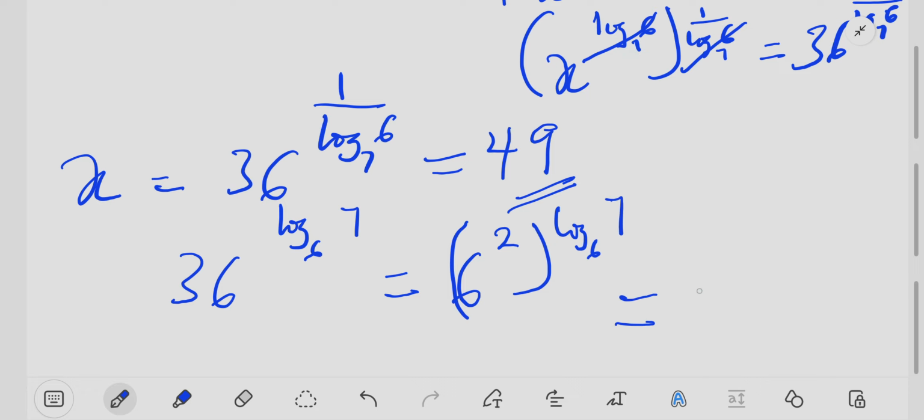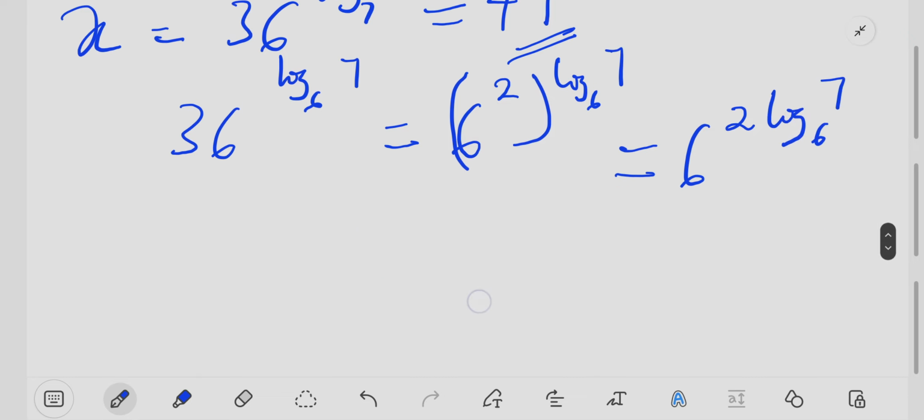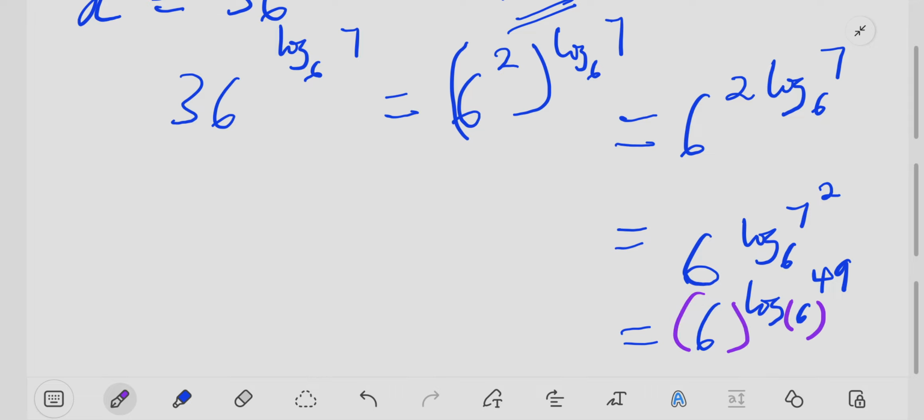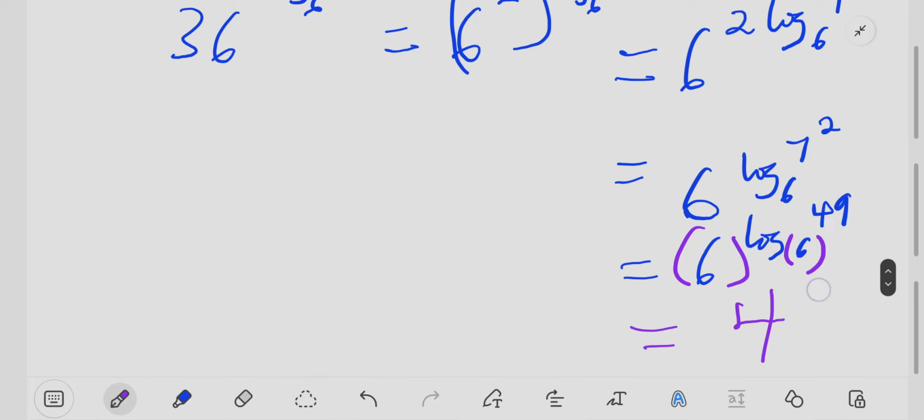Okay, we can move the 2 out to get 6 raised to the power 2 log 7 base 6, right? Then we can write this as 6 raised to the power log 7 squared base 6. And this gives us 6 raised to the power log 49 base 6. Then since this base is the same thing as that, they somehow cancel out, okay, to give us just 49.